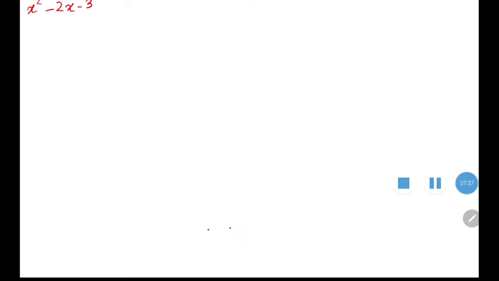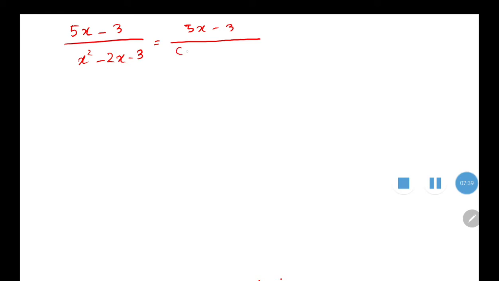So now we have (5x minus 3) over (x squared minus 2x minus 3), equal to 5x minus 3, and the lower part we can factor, right? So when we factor that, we will get (x plus 1) and (x minus 3). Okay, and this is the formula.